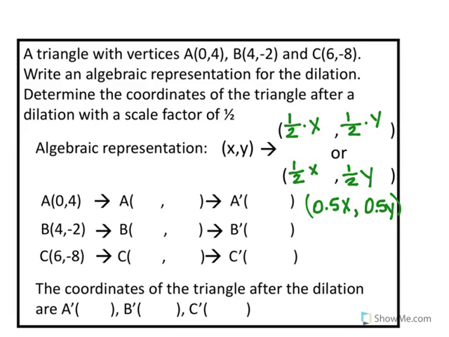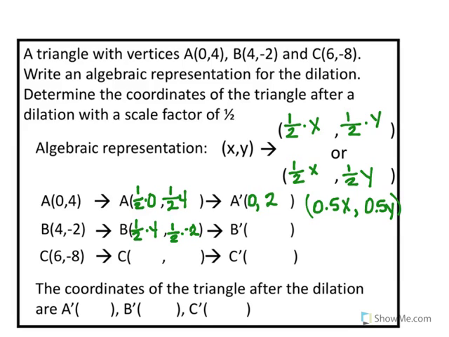Okay, so I have a half times 0, and then I have a half times 4. So 1/2 times 0 is 0, and 1/2 of 4 is 2. Then I have 1/2 times 4, and I have 1/2 times -2.